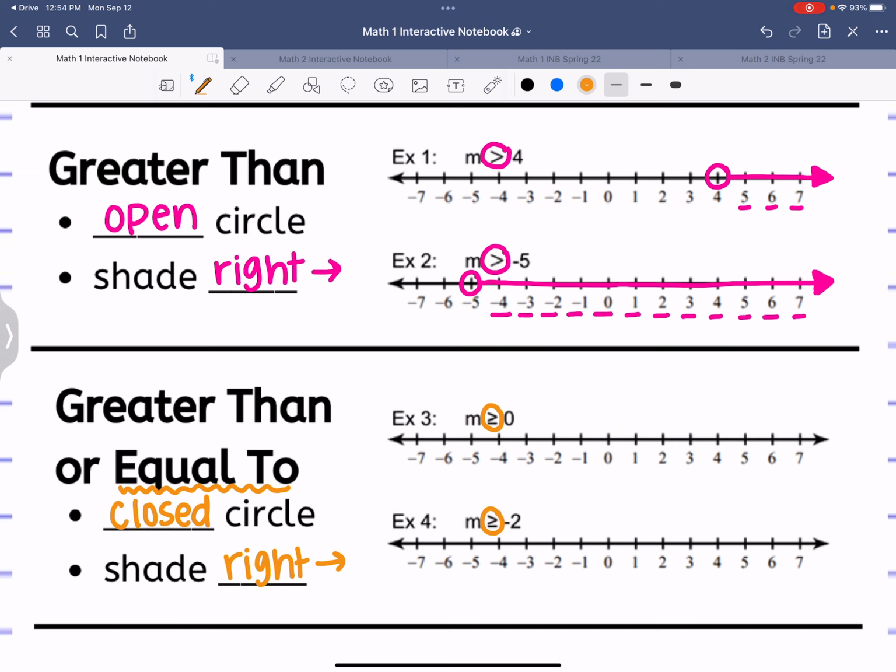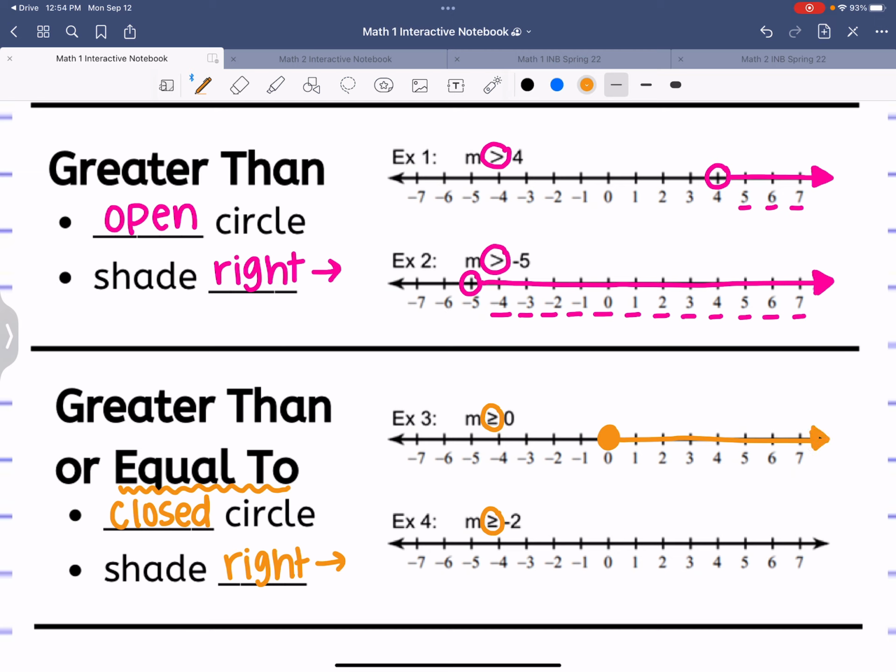Example 3. M is greater than or equal to 0. This means m could be any number greater than 0 or 0 itself. It could be equal to 0. So this time we'll locate 0 using a closed circle. Shading everything to the right because it says greater than.